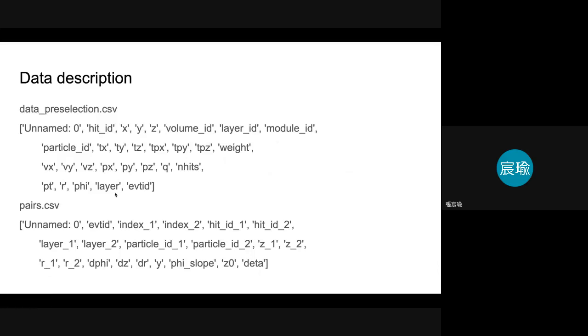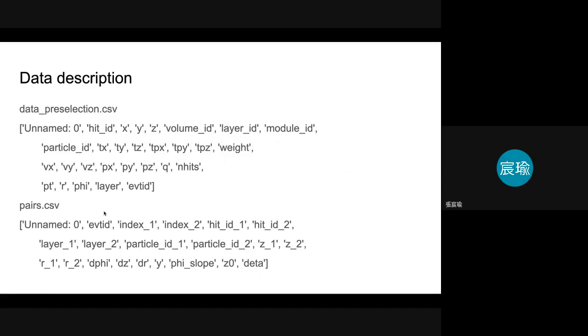In the preselection data, we have hit ID, XYZ, volume ID, layer ID, module ID. This is the detector position and the hit event. And the particle ID, TX, TY, TZ is the truth particle data, and VX, VY, VZ is the initial data.